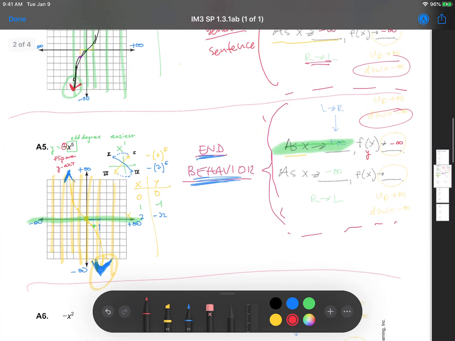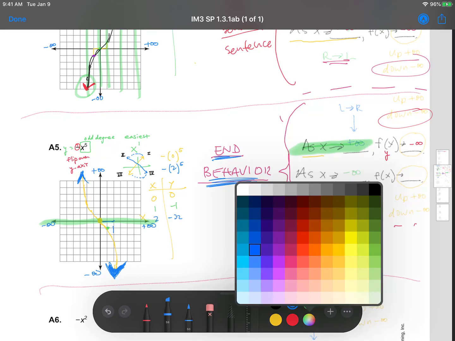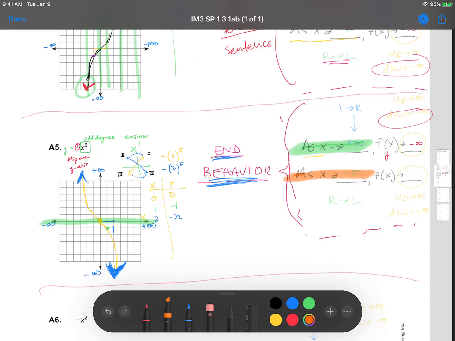Okay? All right. So we can use orange. As x approaches negative infinity, now we're going from right to left.